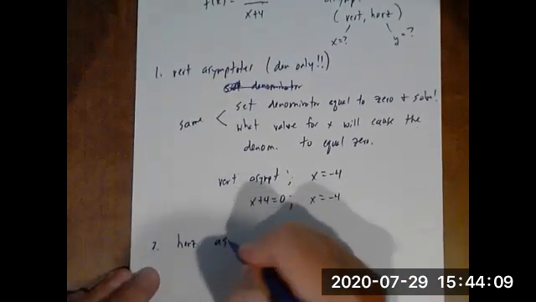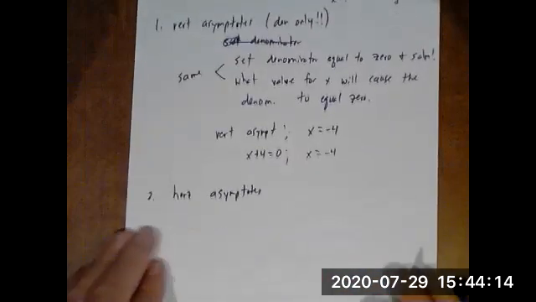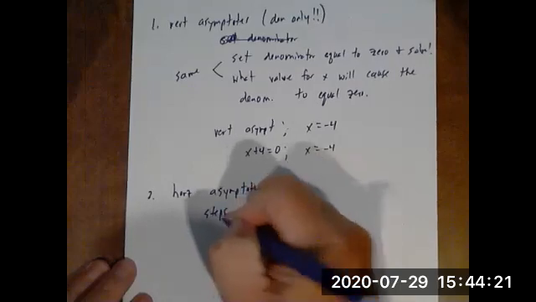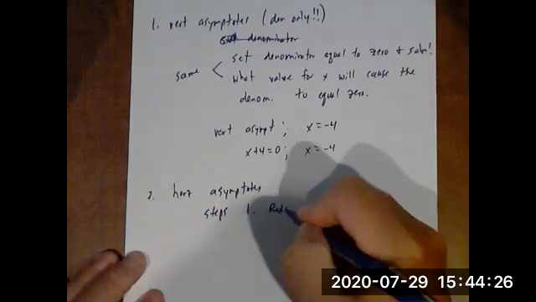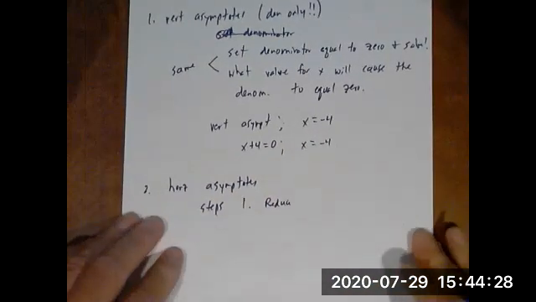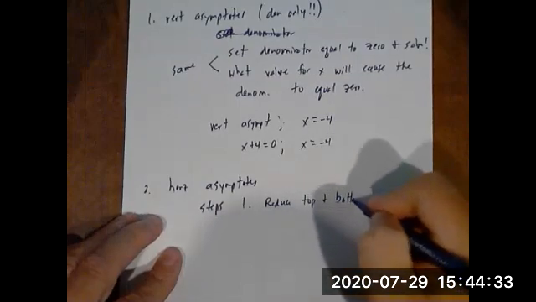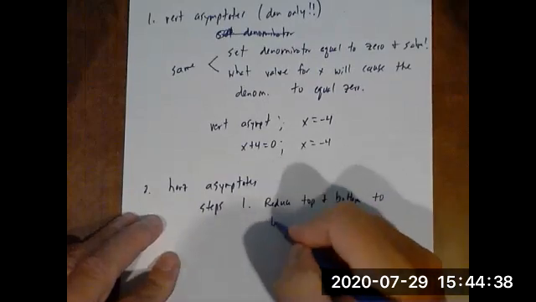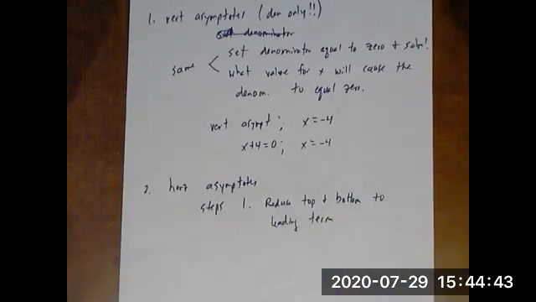Horizontal asymptotes, a little more involved, but once you understand how to work them, not very hard. First, let me give you the steps, and I'll explain what this means in a minute. Reduce top and bottom to what I call the leading term.